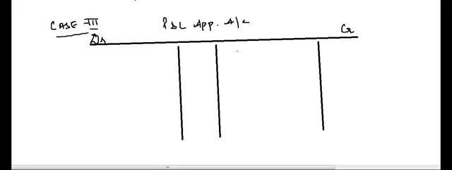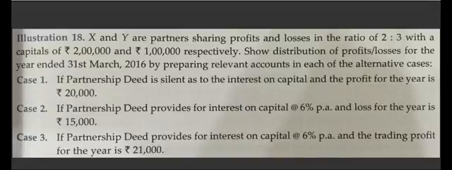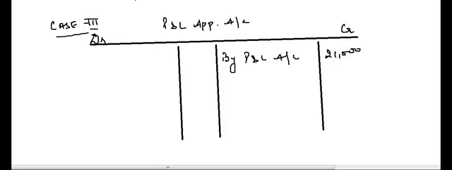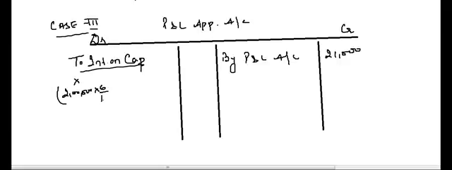Now it says we have a profit of 21,000, by profit and loss account 21,000. Clear? It says interest on capital is to be paid at the rate of 6%. So we'll pay interest, to interest on capital for X. Capital is 2 lakh into 6%.